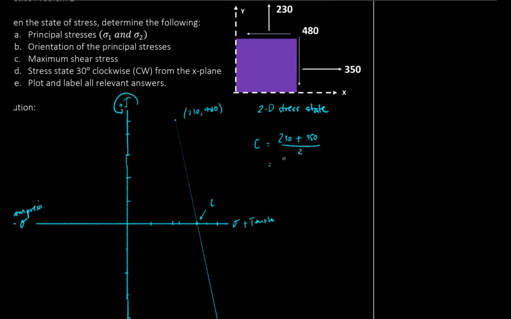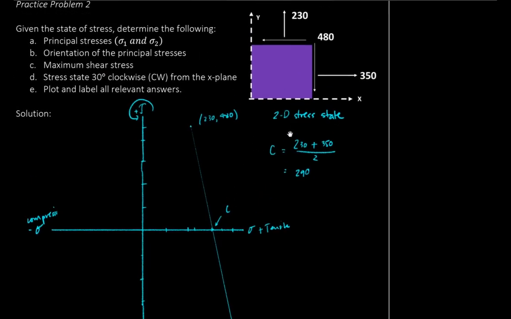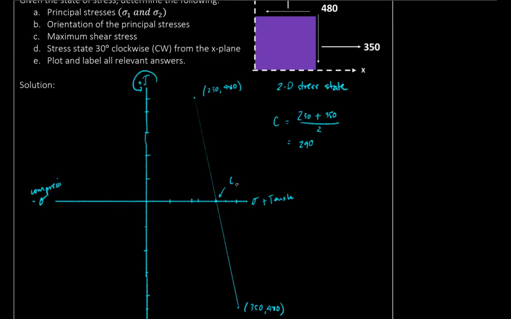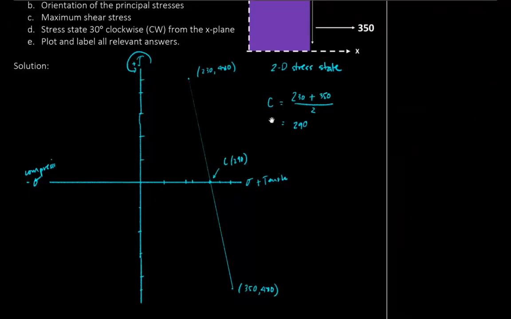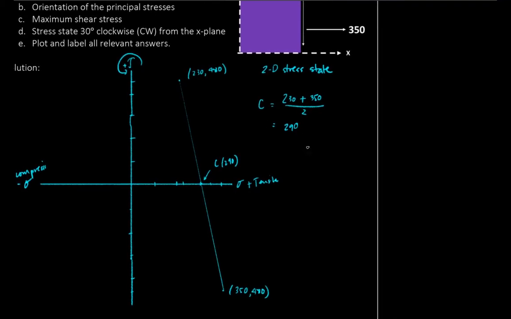Let me pull out my calculator. Divided by 2, we have 290. So our center point is 290, 290.